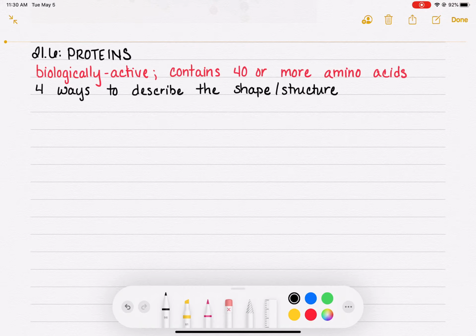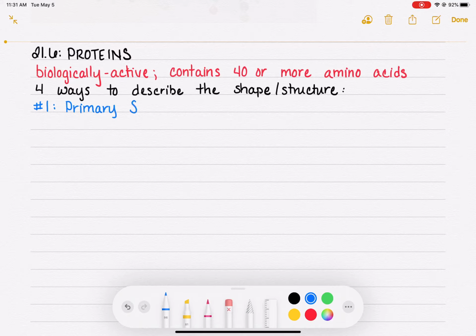And the 4 different ways are increasing in the complexity of the protein. So the first one that we're going to talk about, number 1, which is the most simple way to describe the shape, is called the primary structure of the protein.